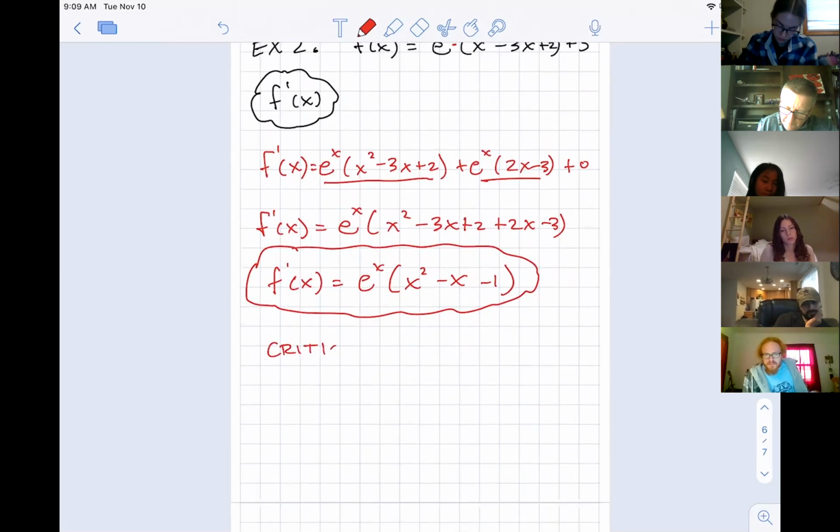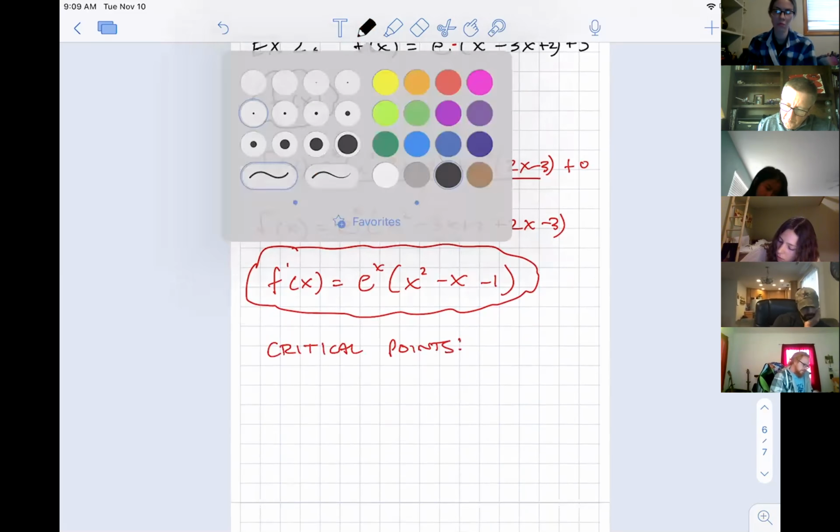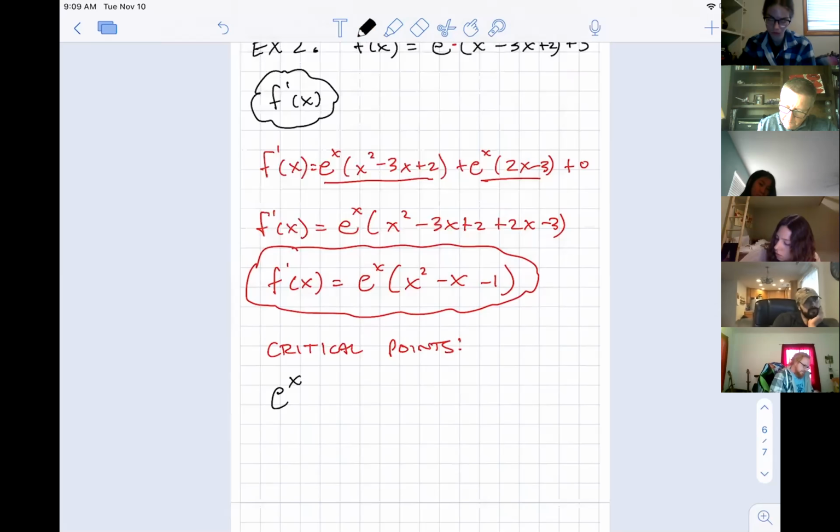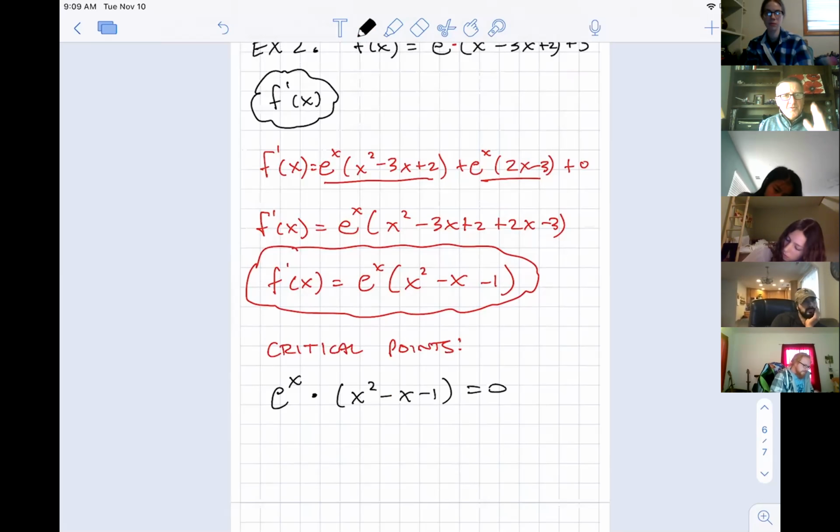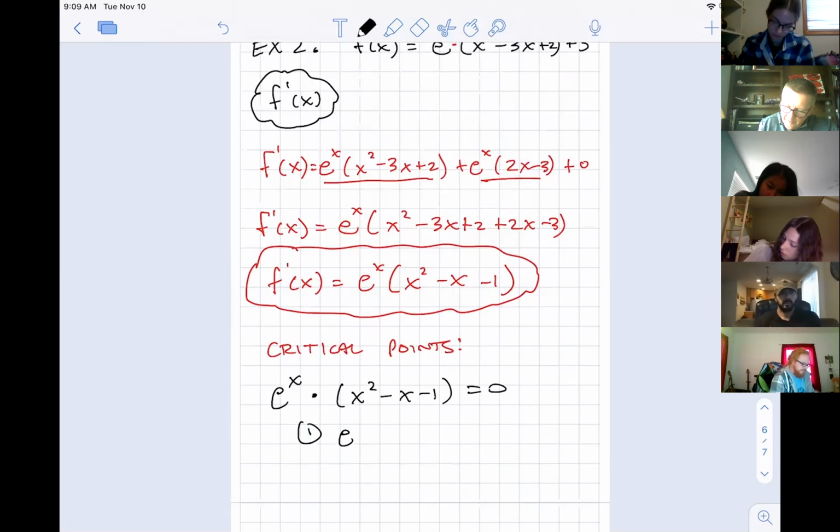So, critical points. Critical points happen when that's equal to 0. Remember here, you have junk times junk equals 0. So one answer to this is, when is e to the x equal to 0? Do you have the answer to that question?